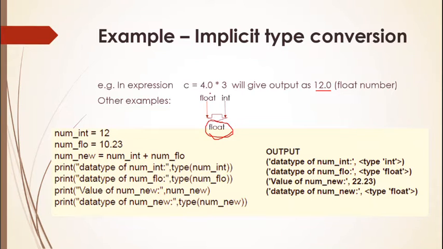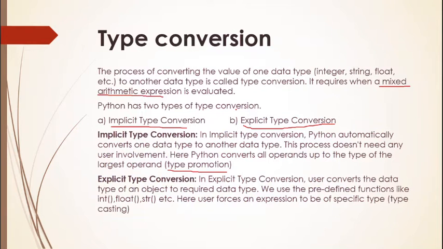Suppose 4.5 is given and we multiply it with the integer number 3, then it will give a value like 13.5. The 0.5 value would be lost if type demotion were done, so promotion is allowed here.